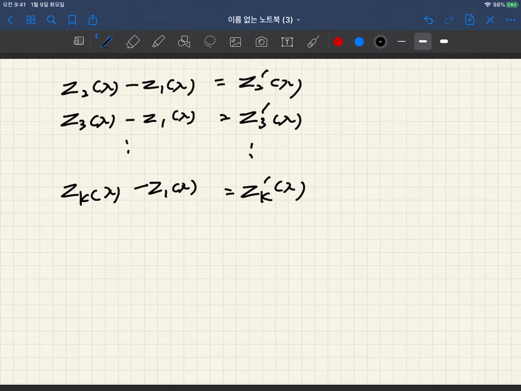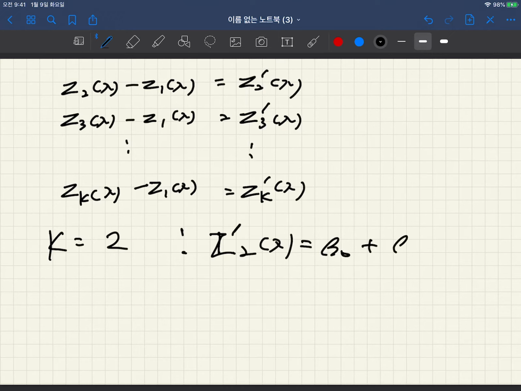We just need capital K minus 1 functions. So when K is equal to 2 for the binary classification task, we just need to define g2 prime x, which is equal to beta 0 plus beta 1 x in our textbook. So for the regression task, we just need to find beta 0 and beta 1, right?